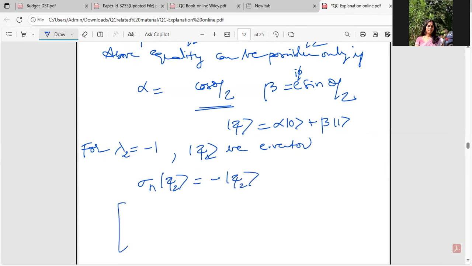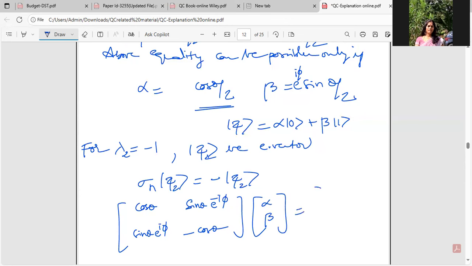Write back the same matrix again. Sin theta e power minus i phi, sin theta e power i phi, minus cos theta into alpha beta, this is equal to minus alpha minus beta.